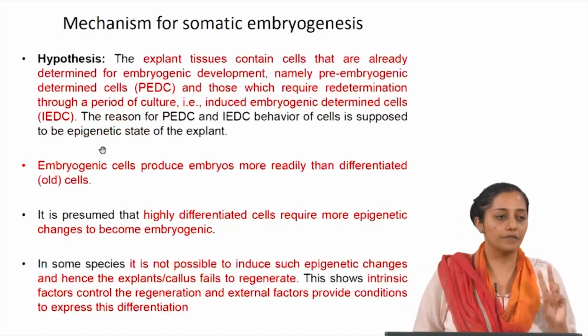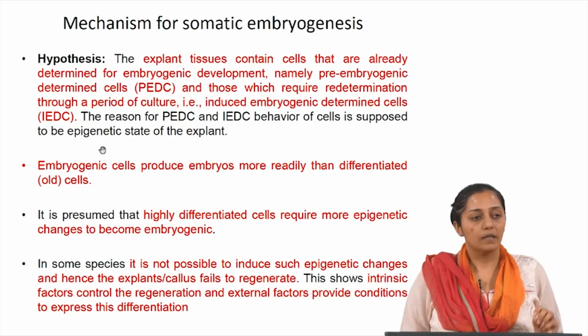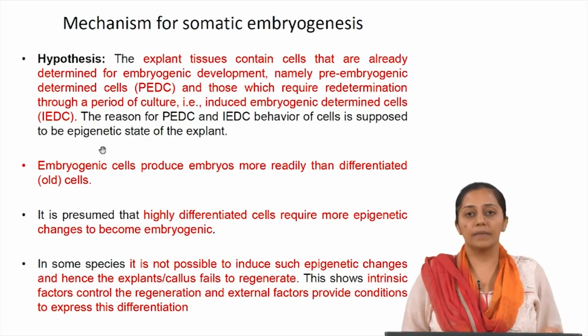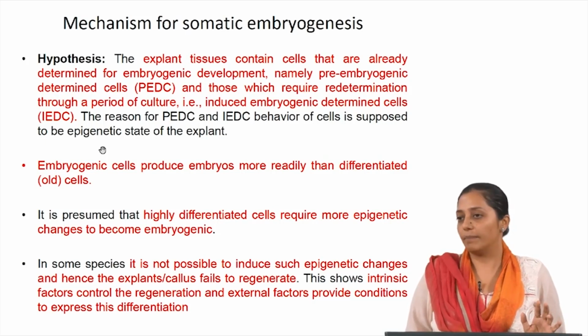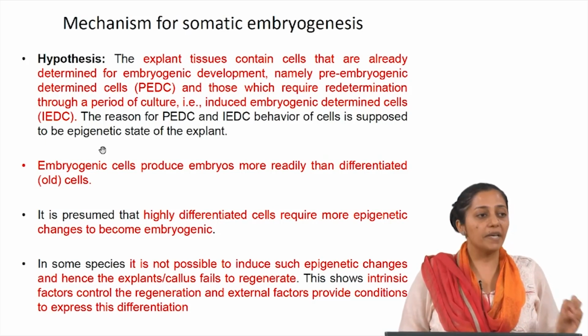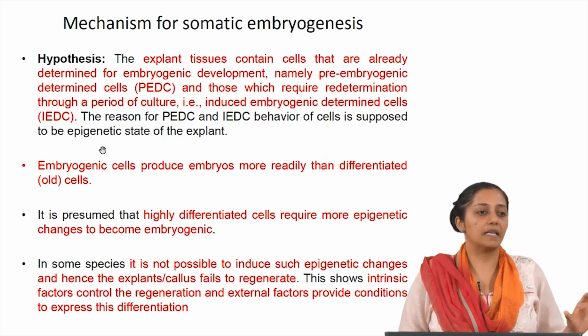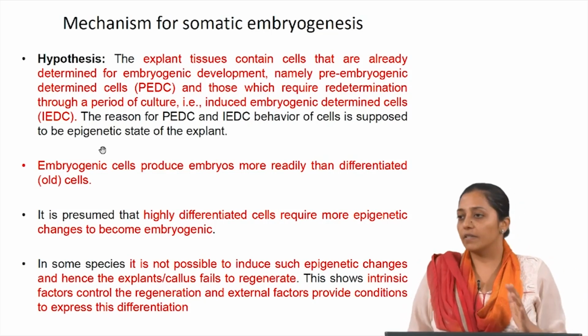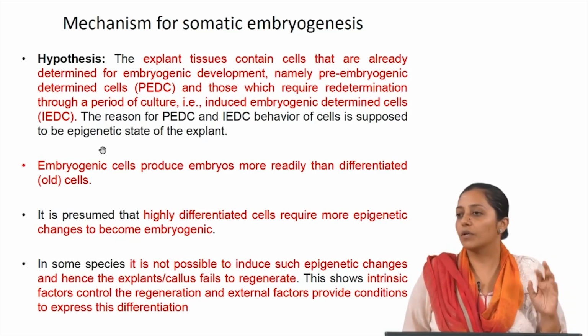Now there are two kinds of cells. What is the hypothesis? The explant tissue contains cells that are already determined to embryogenic development. So these are called as pre-embryogenic determined cells. These group of cells are already determined that if given the chance they will form somatic embryos.